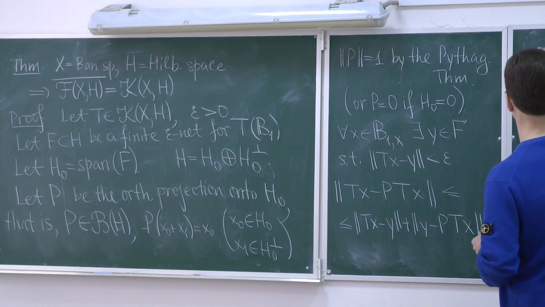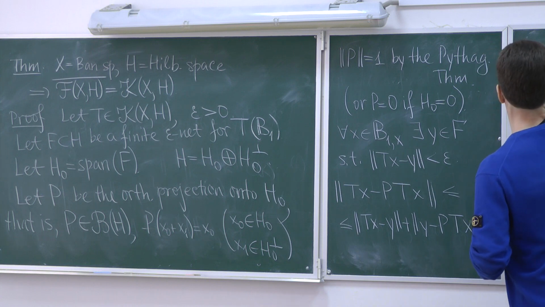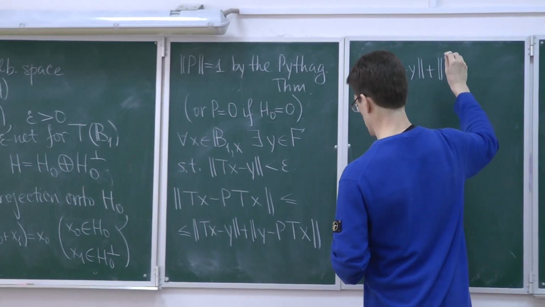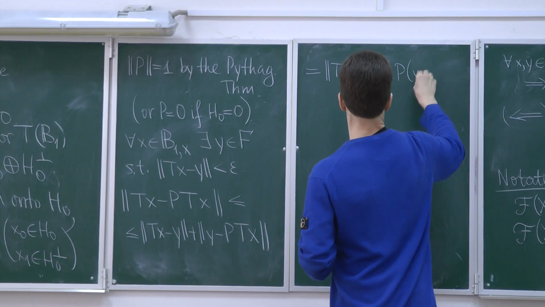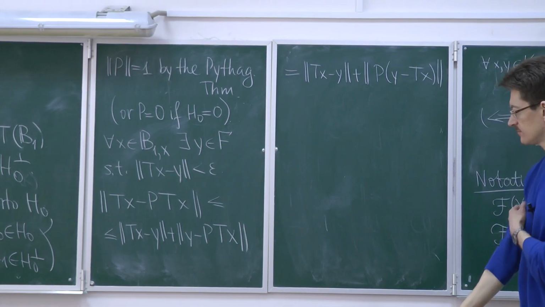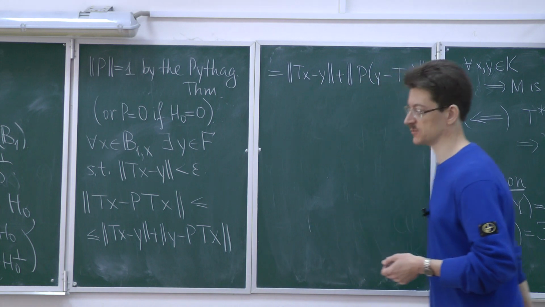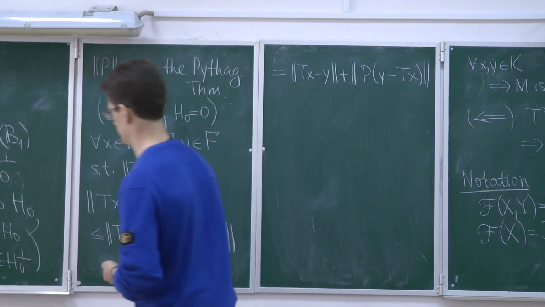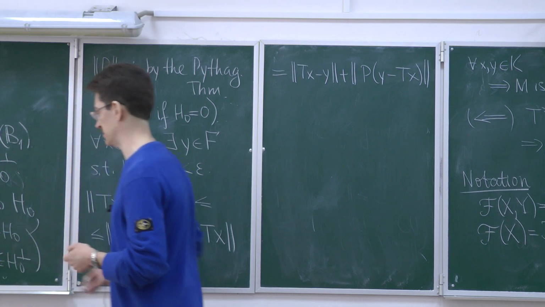Equivalently, this can be written as the norm of Tx minus y plus the norm of P applied to y minus Tx, simply because P of y equals y. y sits in F, and P is the identity map on H0.